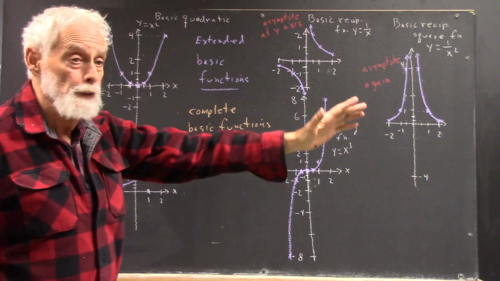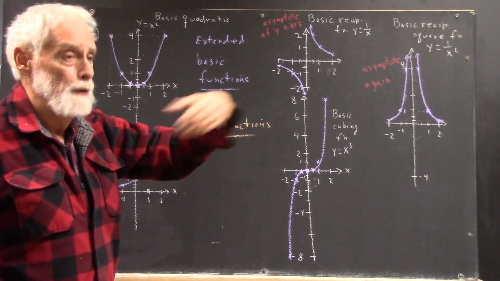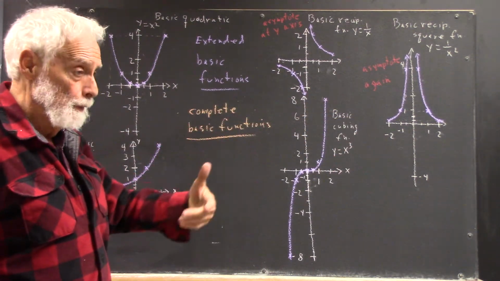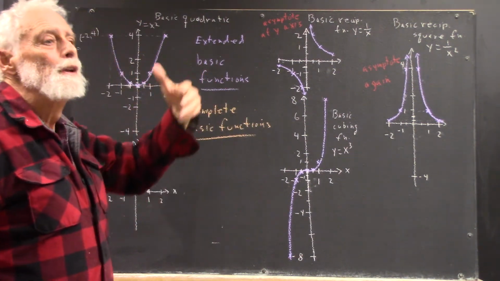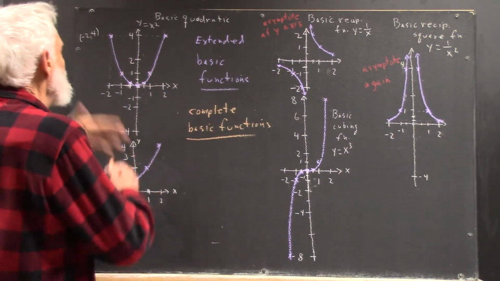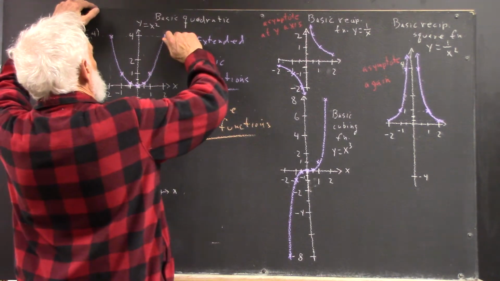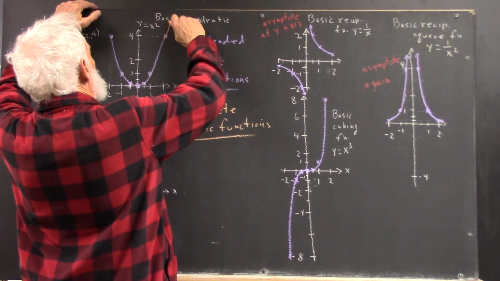Doesn't matter what x value you use, you can square it. And when the x values get bigger and bigger, the y values get bigger and bigger, faster than the x values get bigger. So the curve keeps going up.